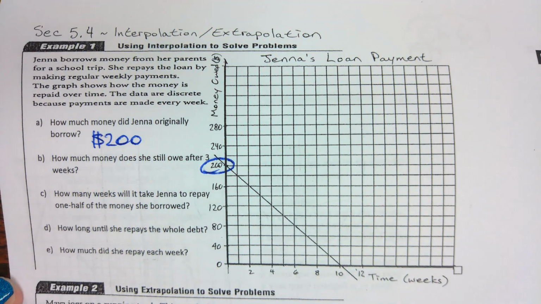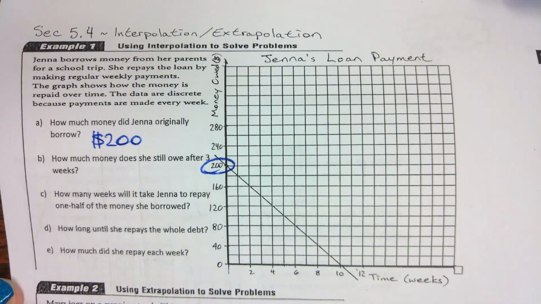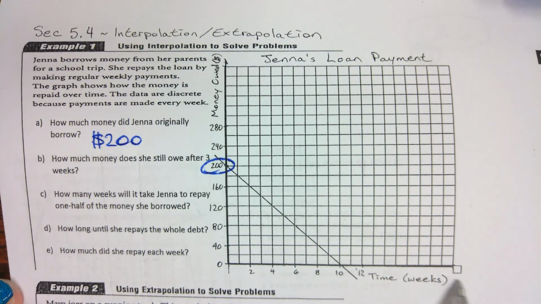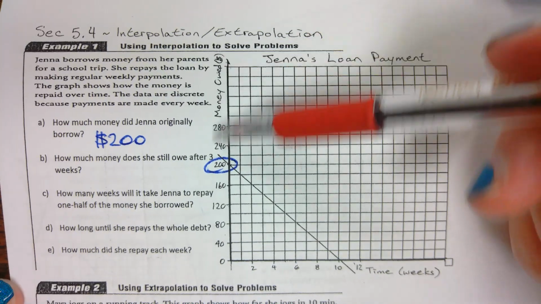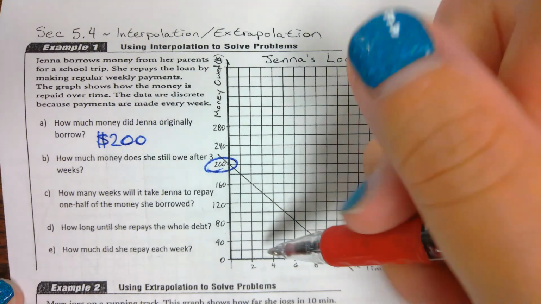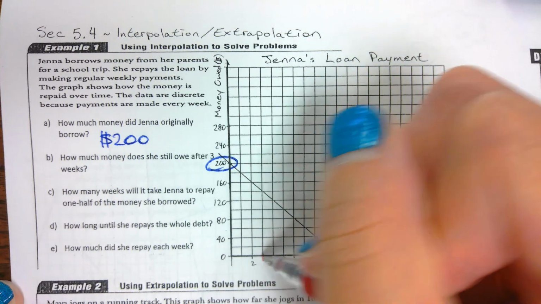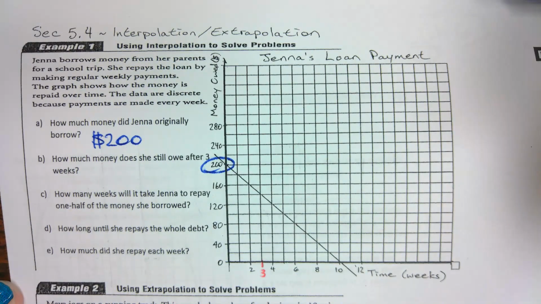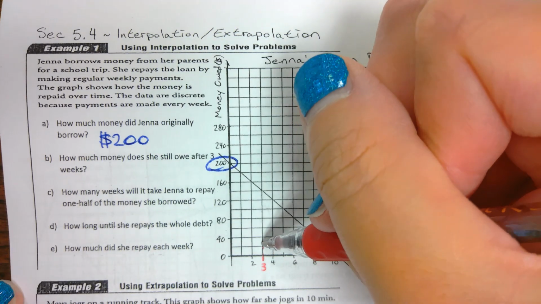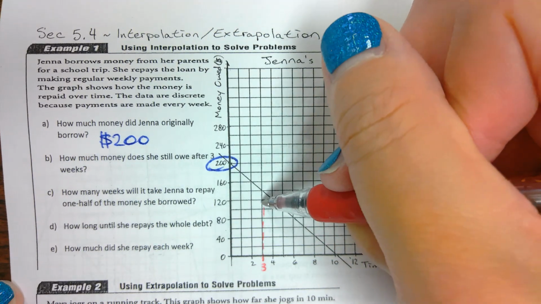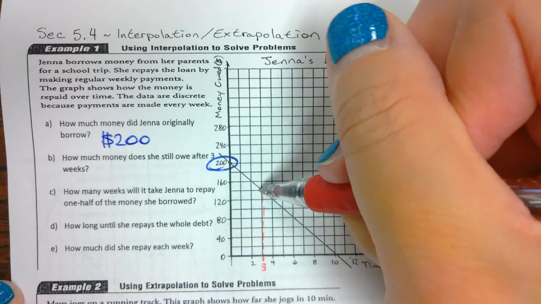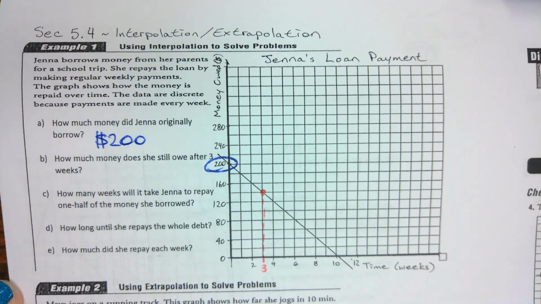How much money does she owe after 3 weeks? So if you take a look at your axis right here, this is the number of weeks and this is the money owed. So at 3 weeks, this is 3 right here. So if you go up to your graph, you reach this point, okay?